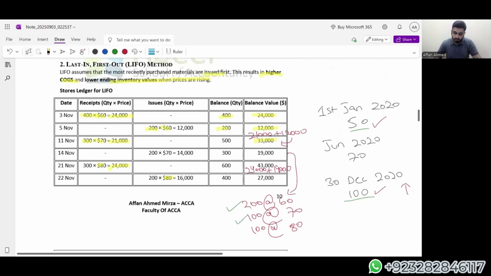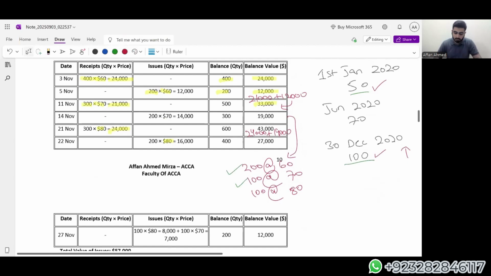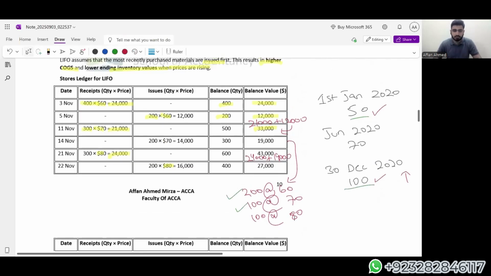Okay. Now, if we have to issue one more set of inventory of 200 units, what we have to do is choose the latest options for us. We will choose 80 first. Now, because the 80 is finished, we are left with 70. So we will use 100 into 80 plus 70 into 100, and these both will be our options for our last inventory.